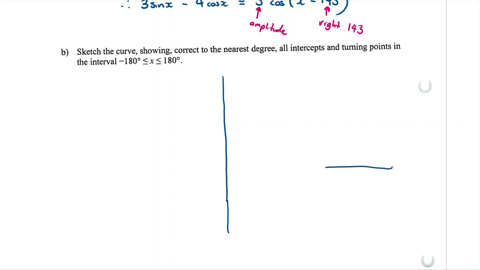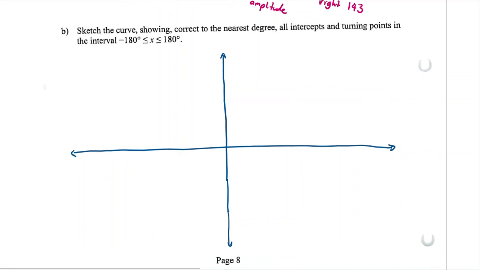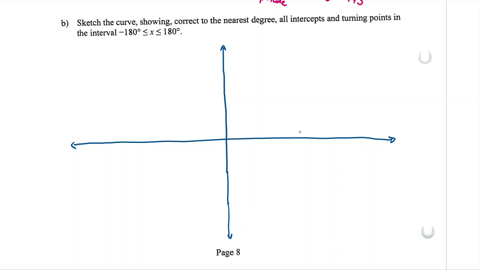Okay, we need this graph for the other questions, so make it a reasonable one. I'm going to show 90 and 180 and negative 90 and negative 180 for a start. The amplitude is 5 and negative 5.